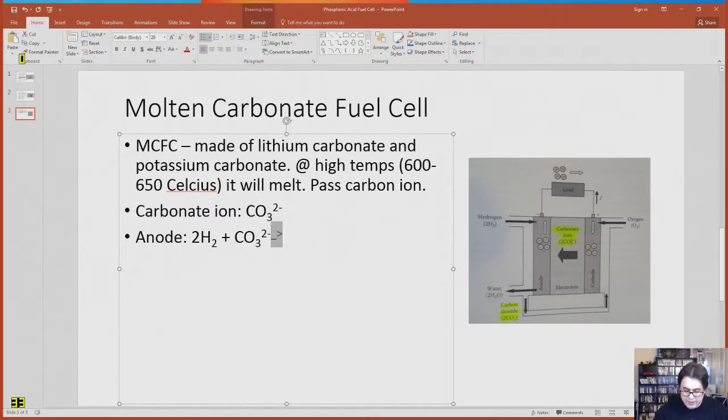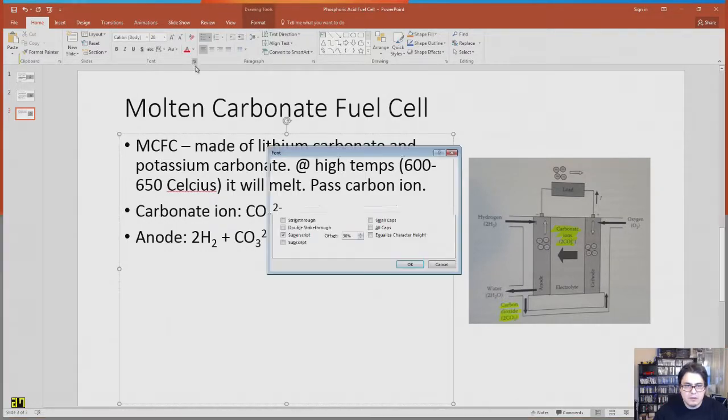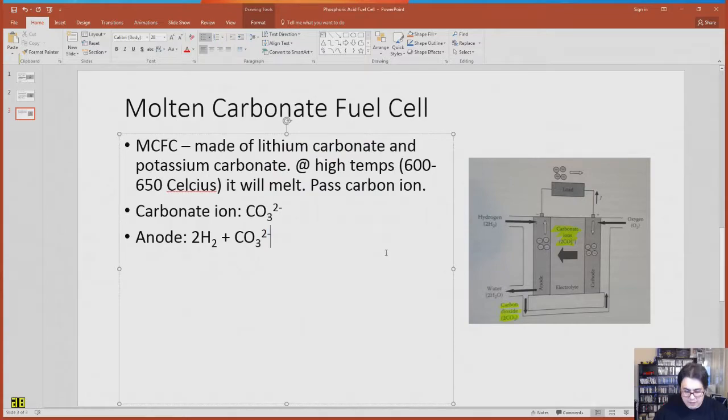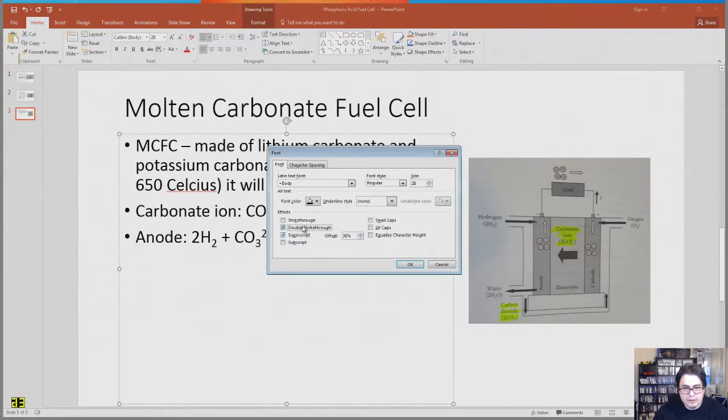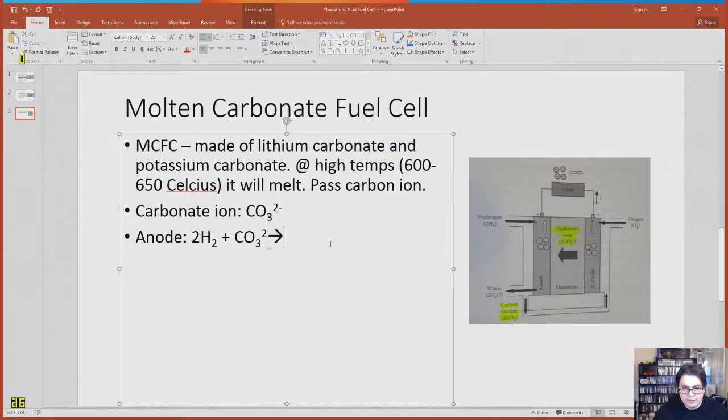That will then have a chemical equation. This will then combine over and give us the electrons that we need, and the water and some other stuff coming out.